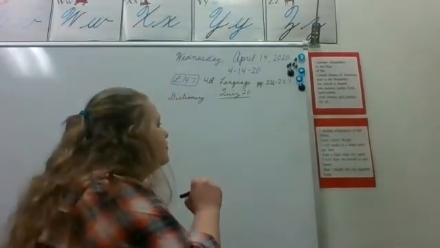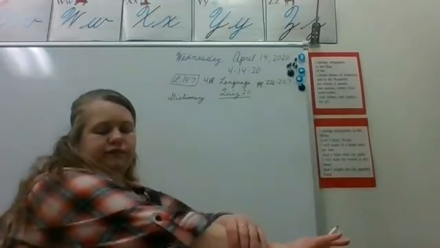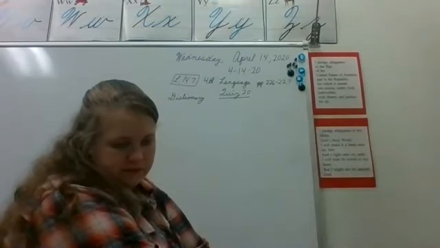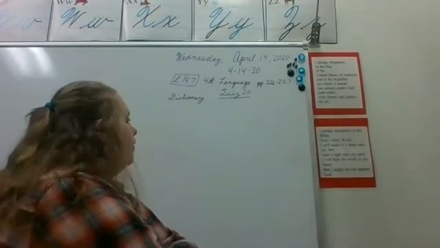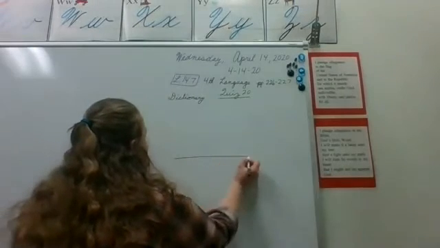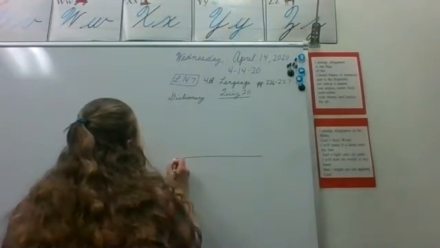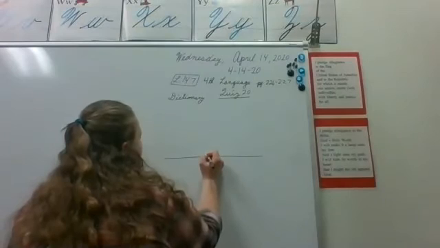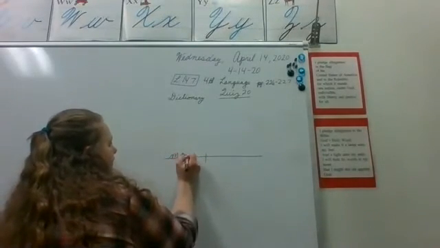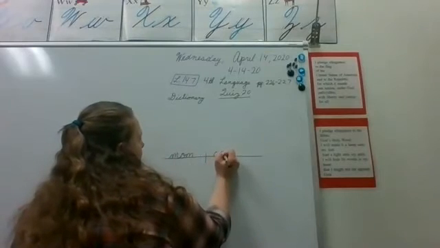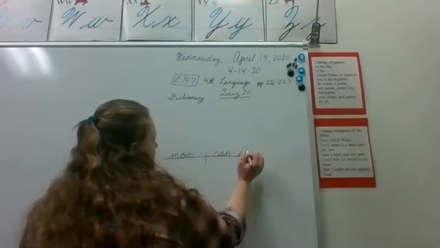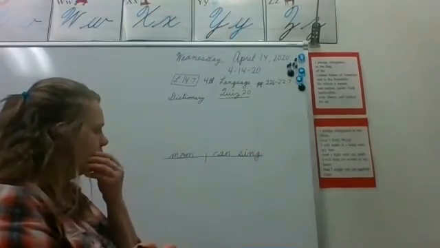Okay, so we're going to do a diagram of this. We've got one subject and one verb. Even though it's a verb phrase, it's still one verb. So our subject is mom, right? Can sing, okay?